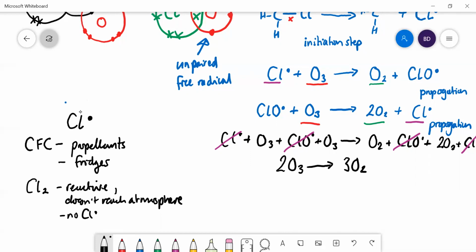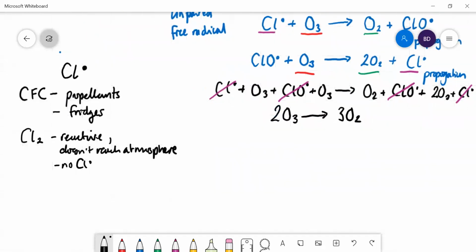As I say, strangely, they're called CFCs, these molecules, because they typically did contain fluorine as well as chlorine, but the fluorine is actually not a problem.